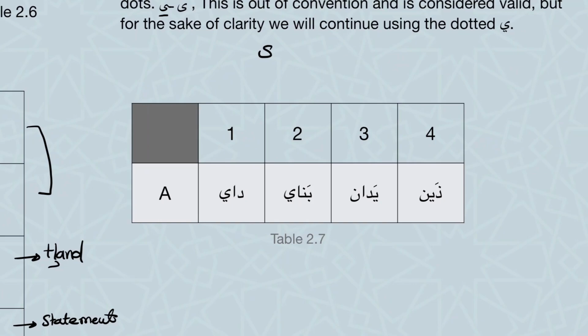There's number 3. There is a fatha on the ya, so it's ya. There is nothing on the dal, but there's an alif, so it's yadan, yadan, and this means two hands.